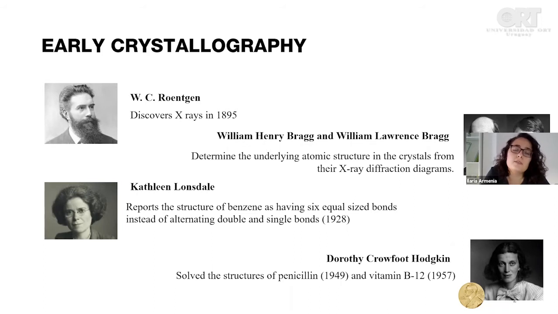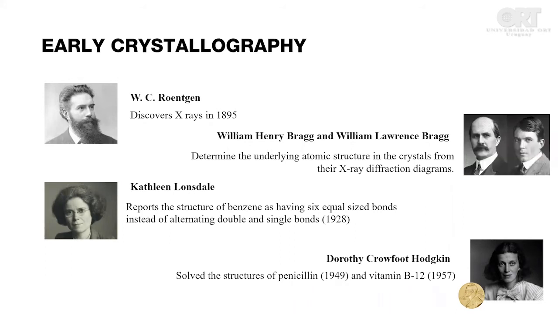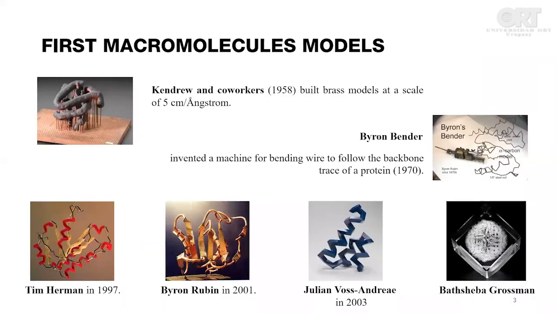And this is before solving anything about proteins. The first protein structure was solved in the mid 1950s, and Kendrew and co-workers were trying to define what the structure was like. They were trying to use the X-ray diffraction images and imagine what the structure looked like in 3D.